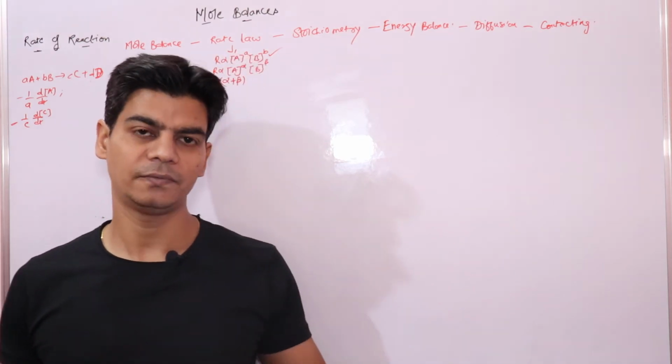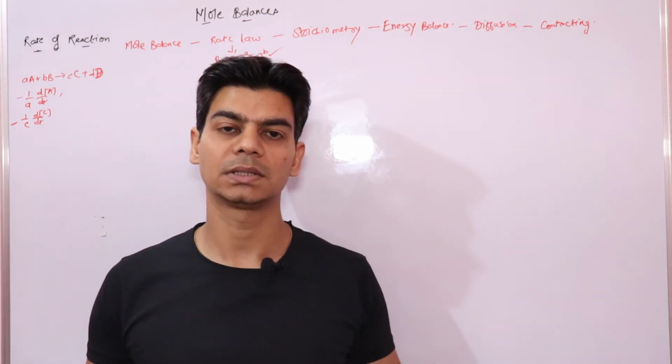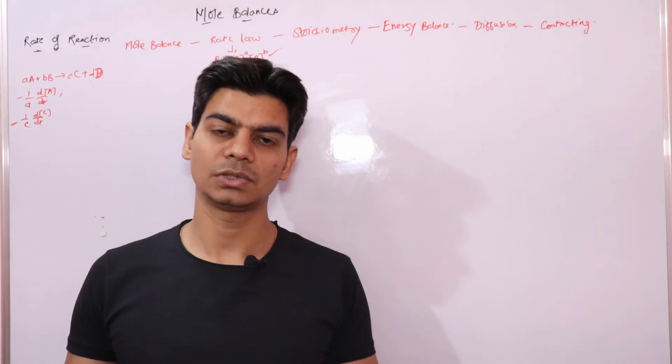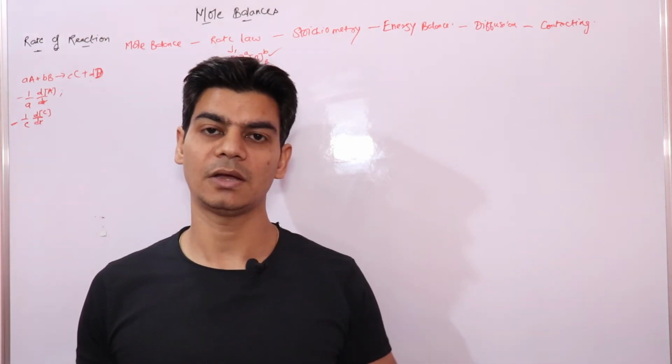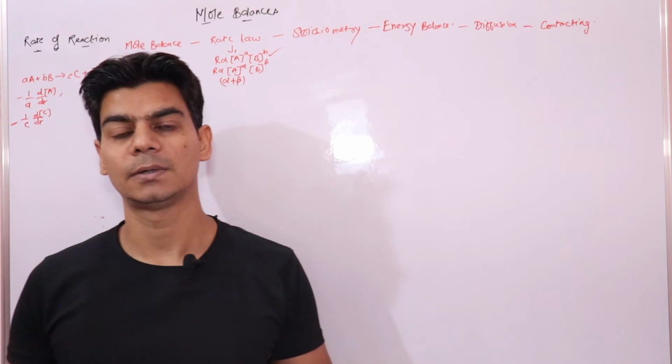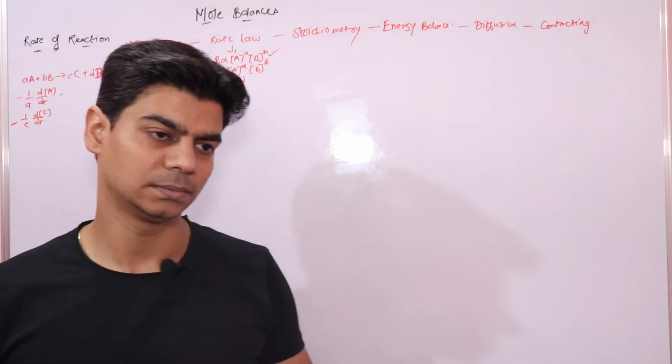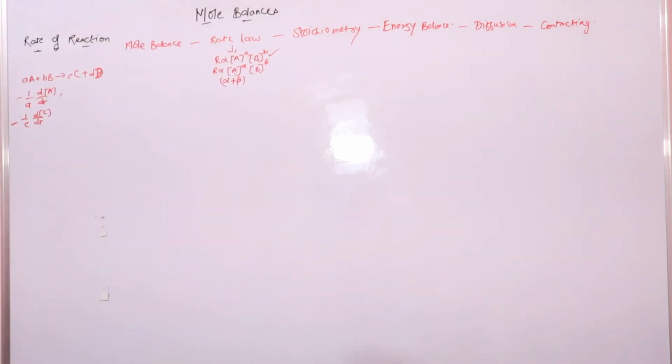We have different reactors: batch reactors, CSTR, then we have plug flow, then there's a fourth kind of reactor which is the packed bed reactor. So these are the reactors that we would be dealing with.